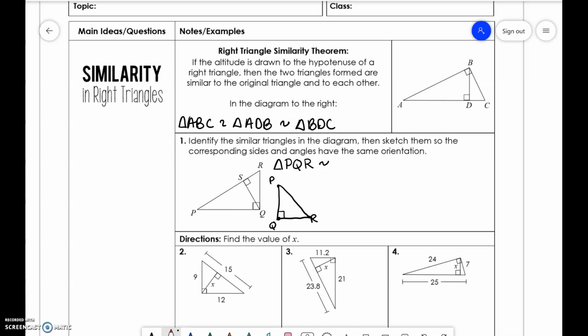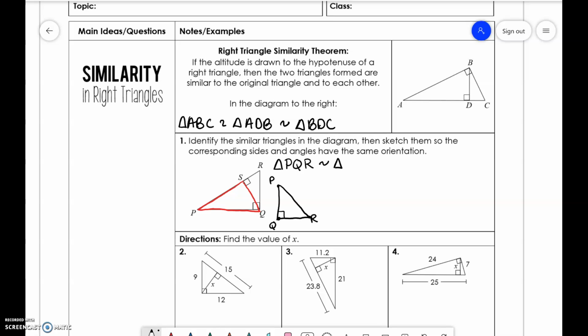So that's what's going to be important for all the other ones. So now we want to focus on this triangle here, okay? So if we look, S is now the right angle. So when we write this, we want S to be in the middle. So now the only thing we need to do is determine what is going to be with P and R, okay?